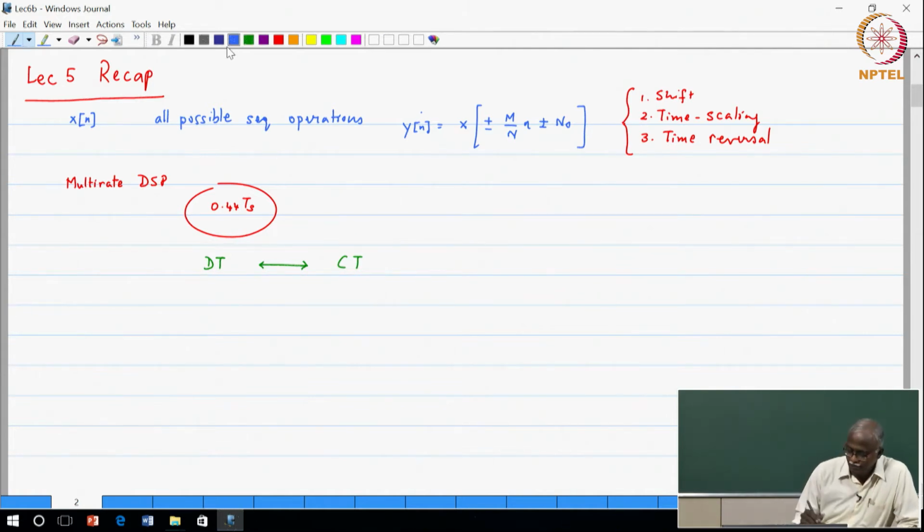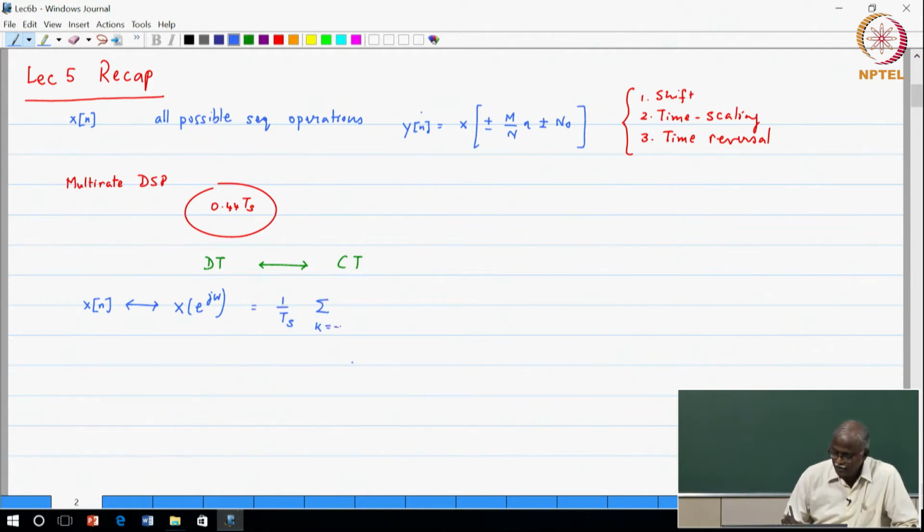In the discrete time domain, it is a sequence x of n which can be represented in terms of its discrete time Fourier transform X(e^{j omega}). We said that this is equal to 1 over Ts, summation k equal to minus infinity to infinity, Xc of j(omega by Ts minus 2 pi by Ts into k).